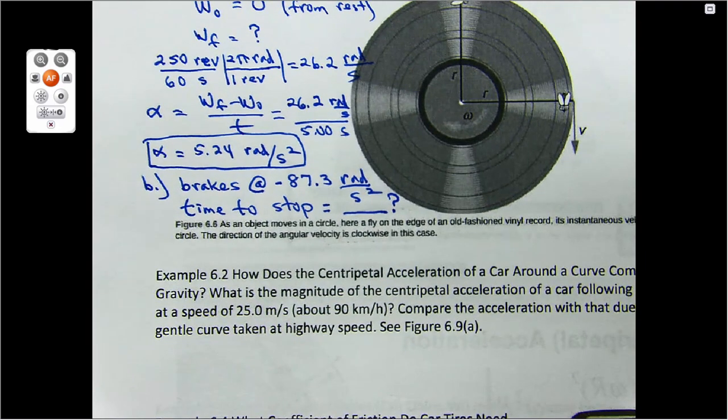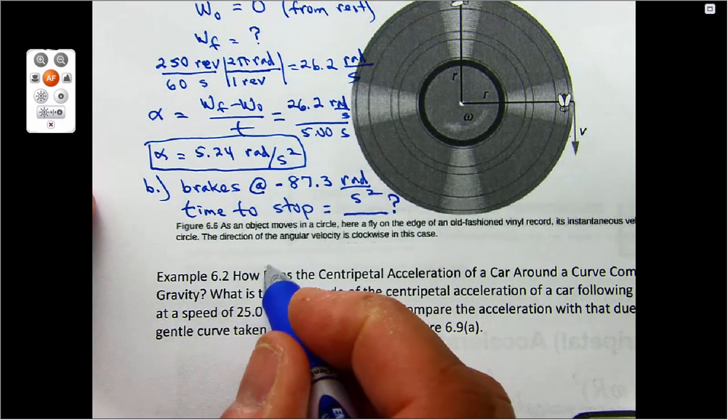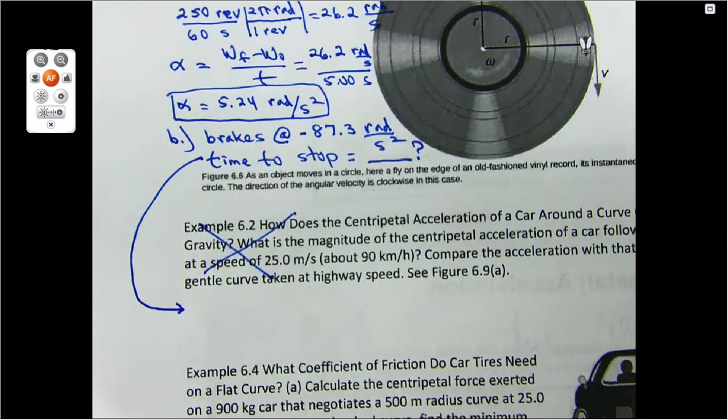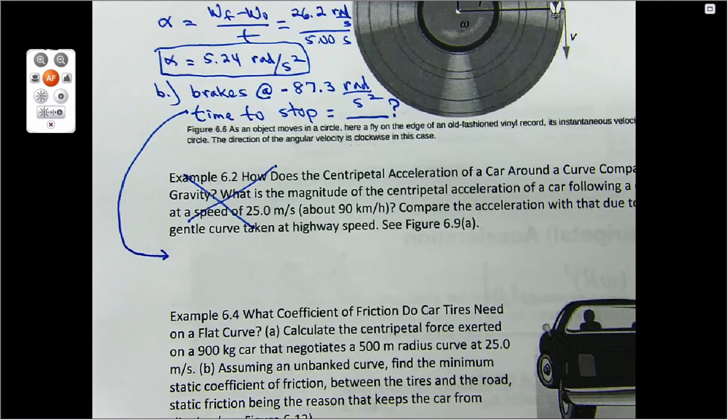We need the time to stop. We'll put that right here because, like I said, this is a work in progress, and we're not doing 6.2, so let's put it down here. Time to stop.